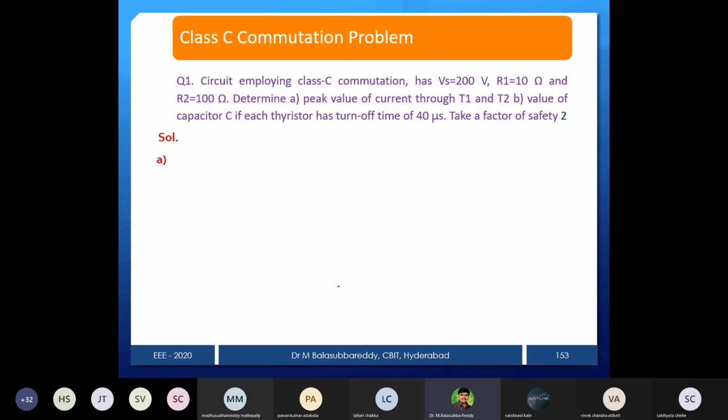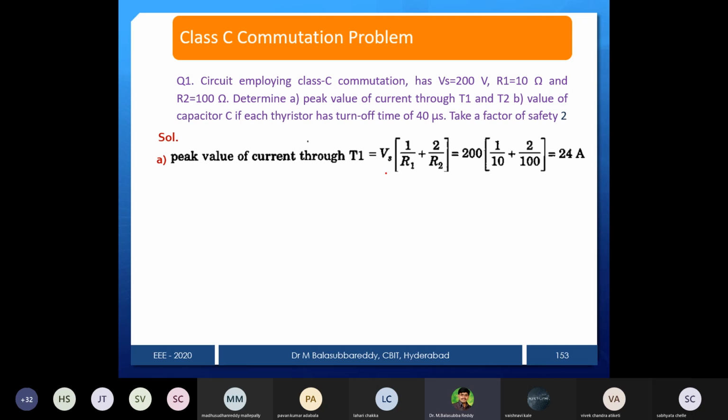Now the value is given, so directly C value we can calculate. C is equal to 1.44 into T off by R1. So direct formula. Now they asked the peak value of currents of T1 as well as T2. As you know, the formula is Vs into 1 by R1 plus 2 by R2, that will be the peak of thyristor T1, and this is thyristor T2.